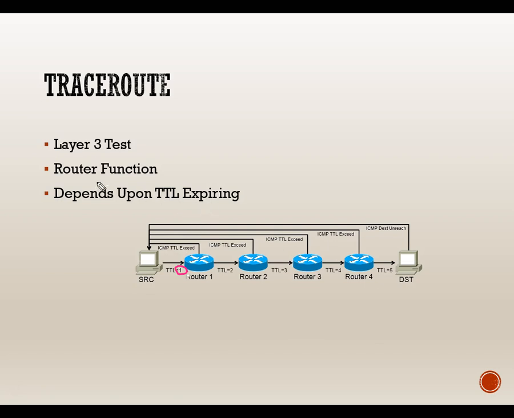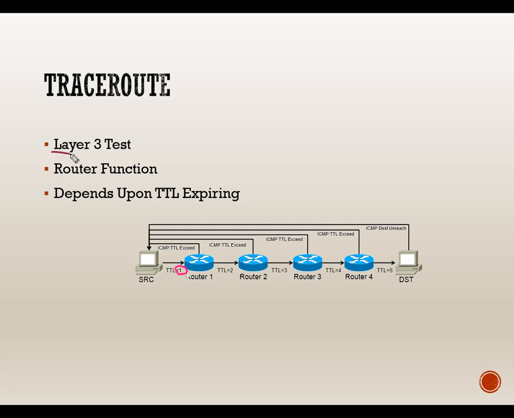So TRACEROUTE is typically a little bit slower than ping, and one of the reasons is it tries to resolve the names, or at least Windows tries to resolve the names as it goes from point A to point B. So ping and TRACEROUTE are the two primary tools that we use.